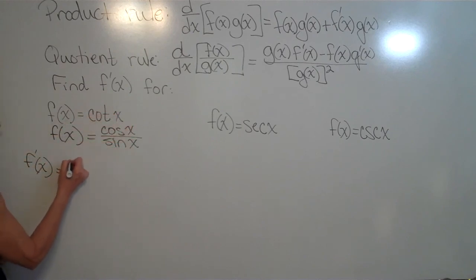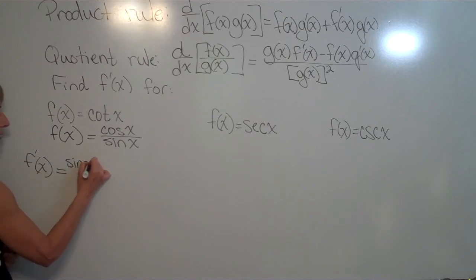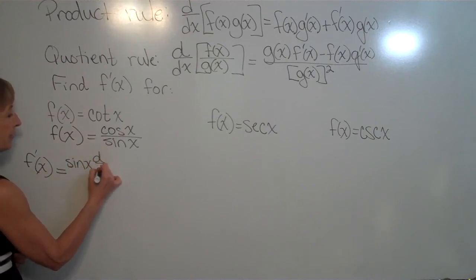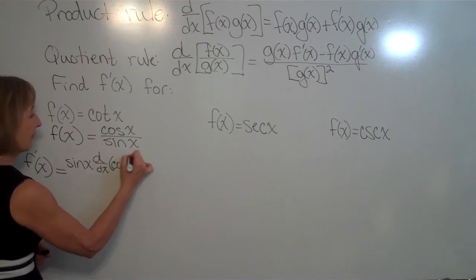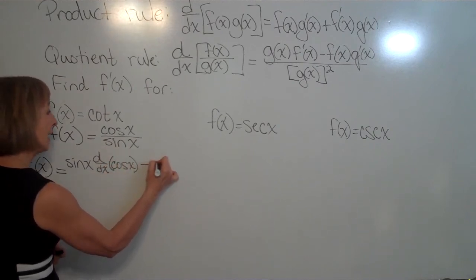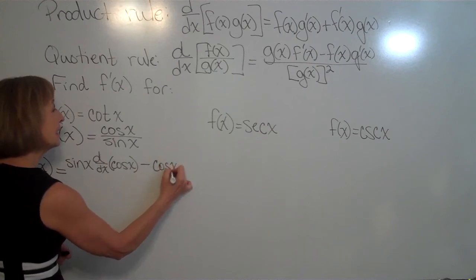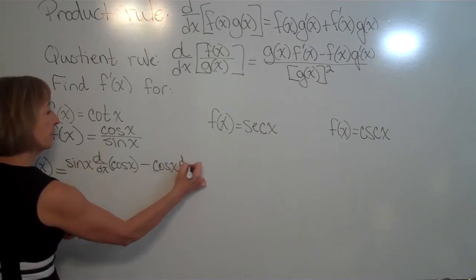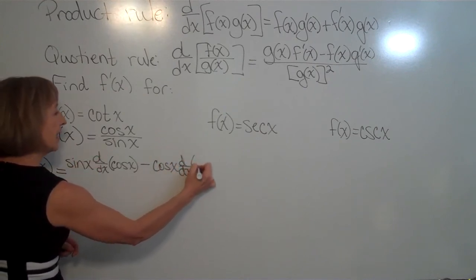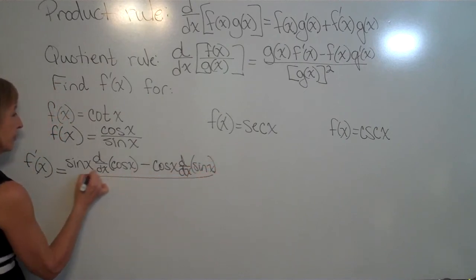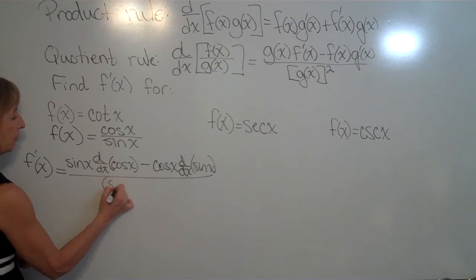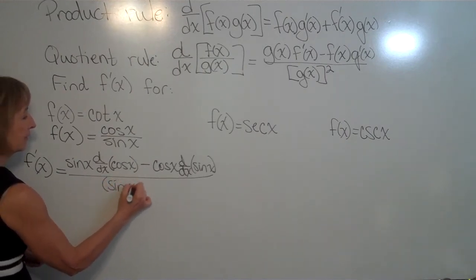So it's low sine x, d high, the derivative with respect to x of the cosine x, minus high cosine x, d low, the derivative with respect to x of sine x, all over low low, so all over sine x squared.